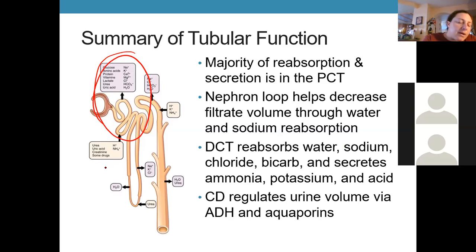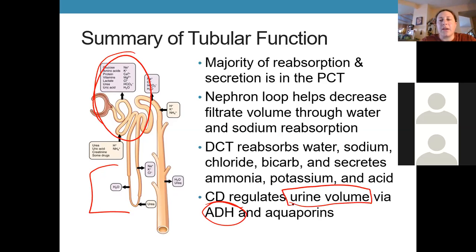And it's setting up the medullary gradient that I'll talk about more in a second. And then the distal convoluted tubule is mostly doing electrolytes and water and secretes acid as needed. And then the collecting duct is responsive to antidiuretic hormone, and so it's the final arbiter of the total volume of urine based on how much water gets reabsorbed.